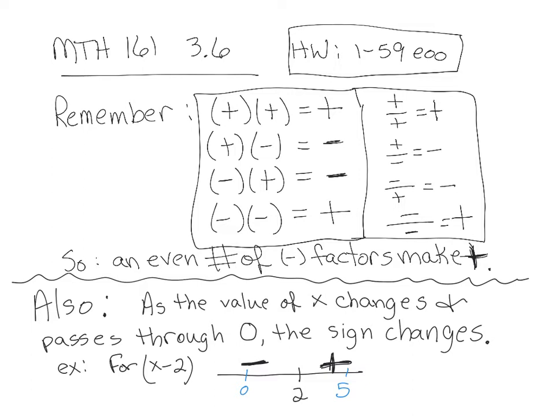And remember, if the value of x is traveling along, taking on all the real number values on a number line, when we're on one side of a critical number and then we hit a place where it's exactly 0, my sign flips from either positive to negative or negative to positive. So as we're traveling along, every time we hit a 0, our sign will change.